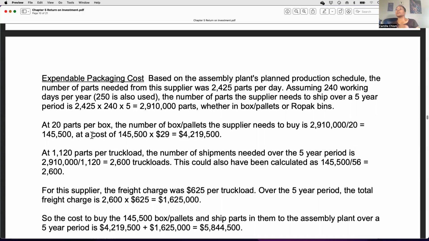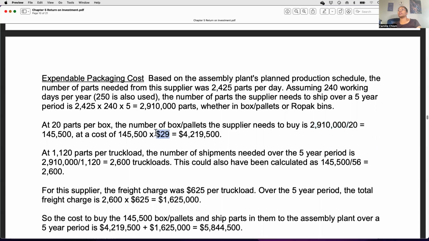First you get 20 parts per box, and you're going to take the total number of parts used over that time period, which we just calculated, the 2.9 million, and divide that by 20, because that tells you how many boxes you have. And you're going to get 145,500 boxes at a cost of $29.